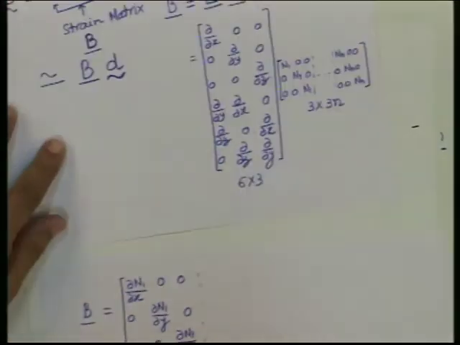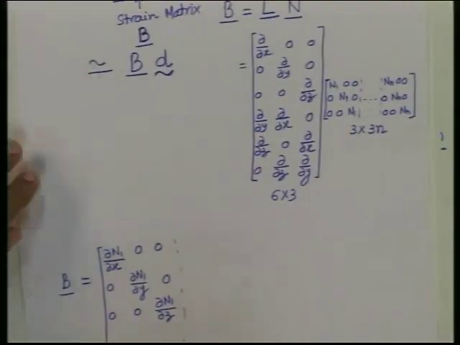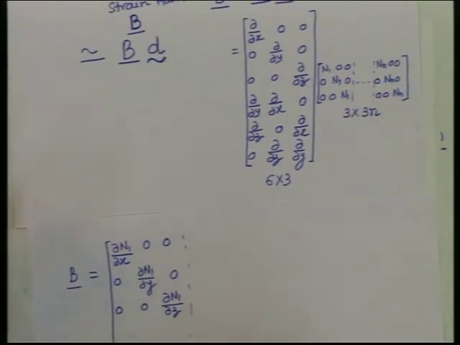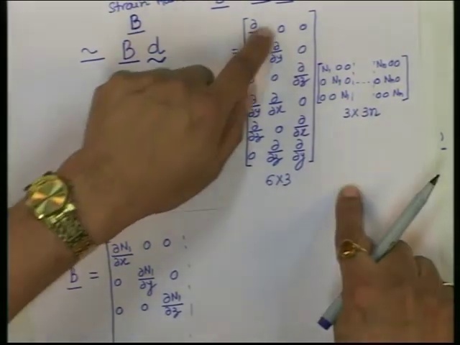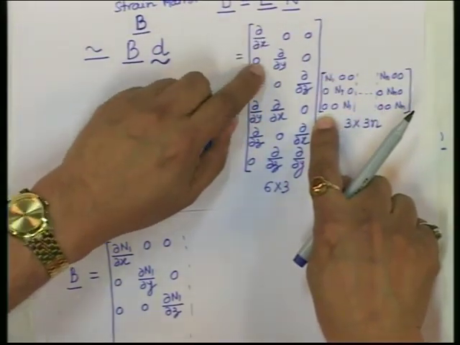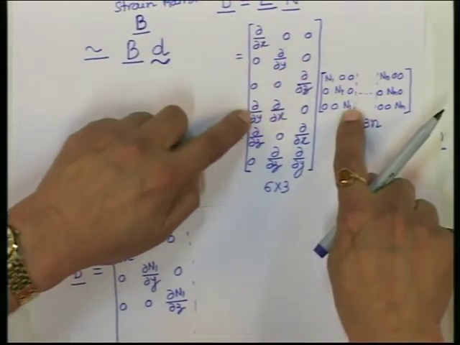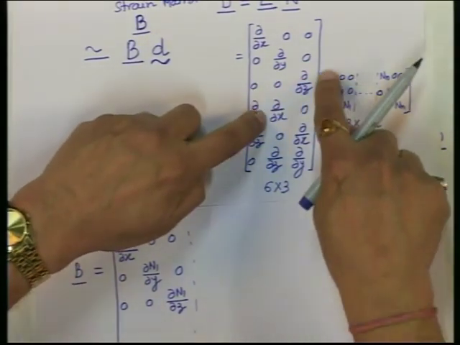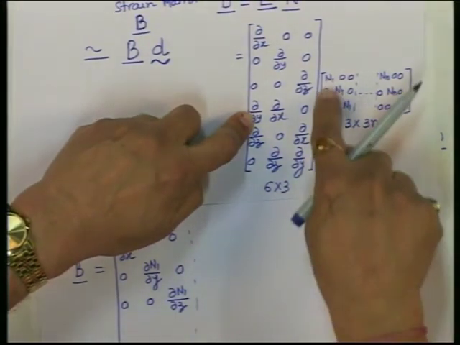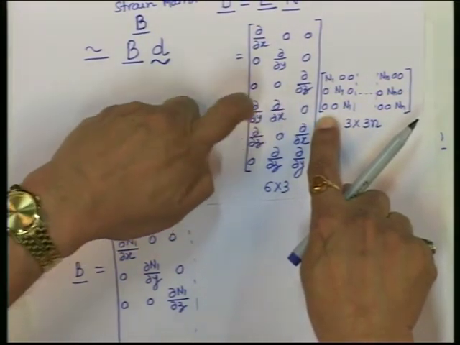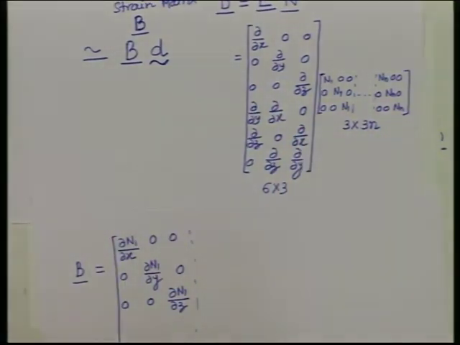If you multiply these two matrices, what will I get? This is okay, N1 only, no? Because this row, this column gives N1. This row, this column, second row, third column. Now, this row, this column. Is it correct or not?